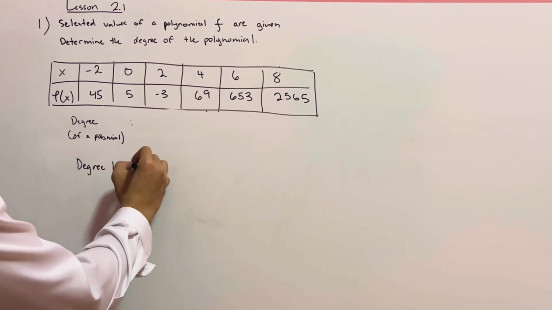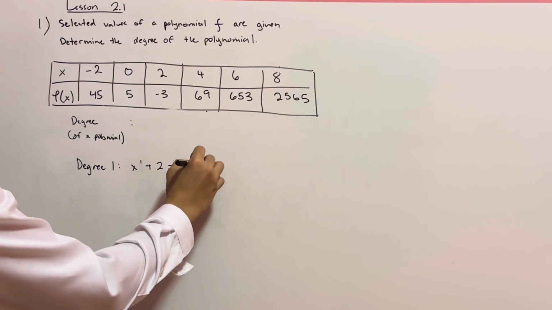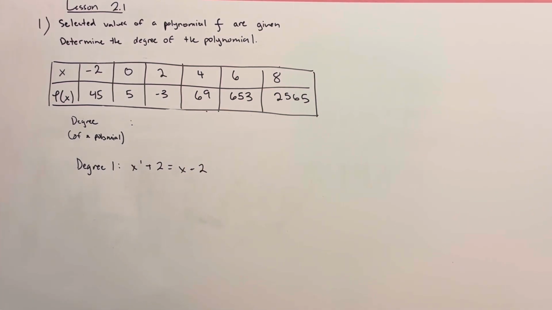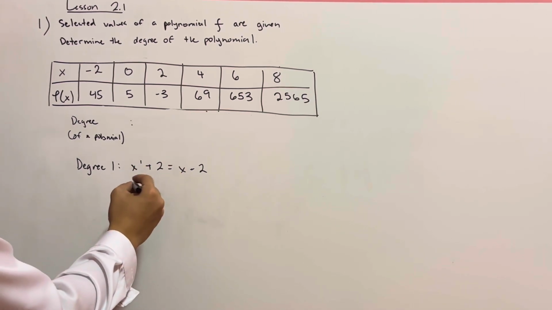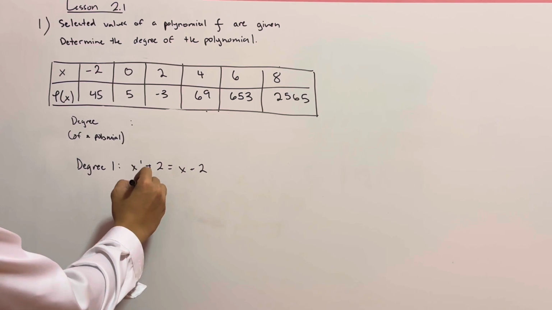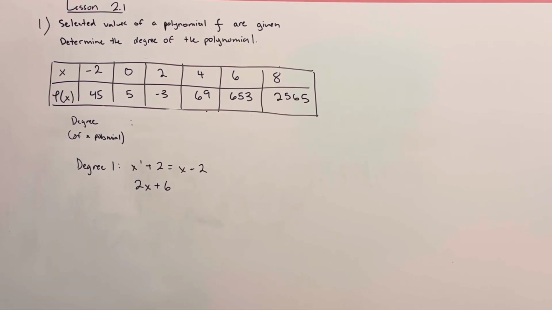So you have x raised to the power of 1 plus 2, which is just x plus 2, right? And that is a linear function. Another linear function that we have is 2x plus 6, right? And that has a degree of 1.